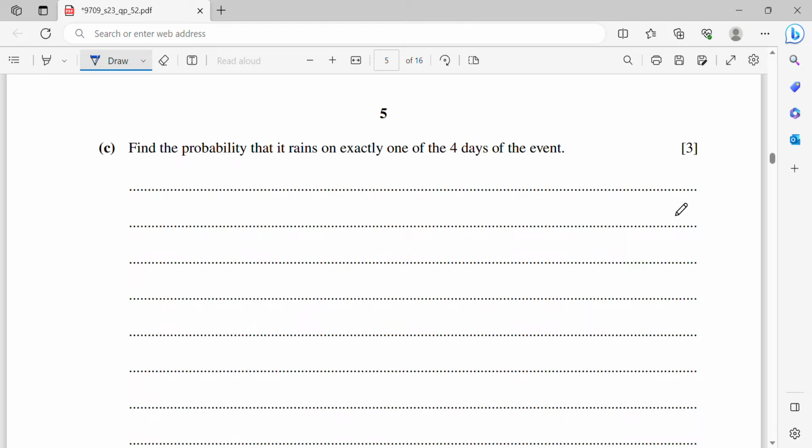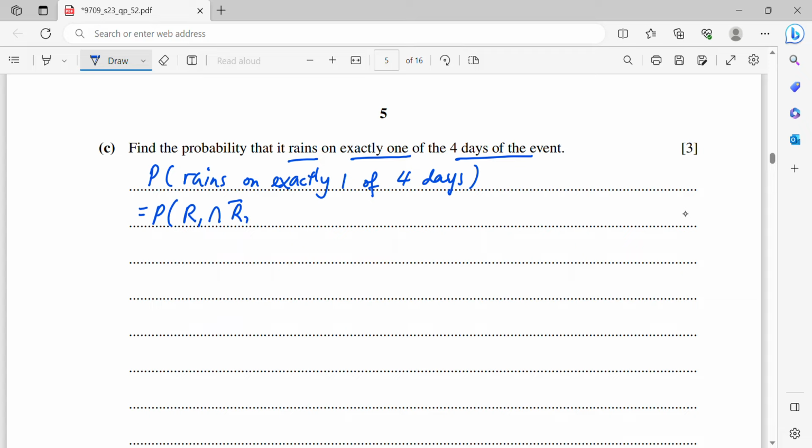Now C, find the probability that it rains on exactly one of the 4 days of the event. So P(rains on exactly one of 4 days). It means it will be, let's say, first day rain, and then second day not rain, third day not rain, fourth day not rain.